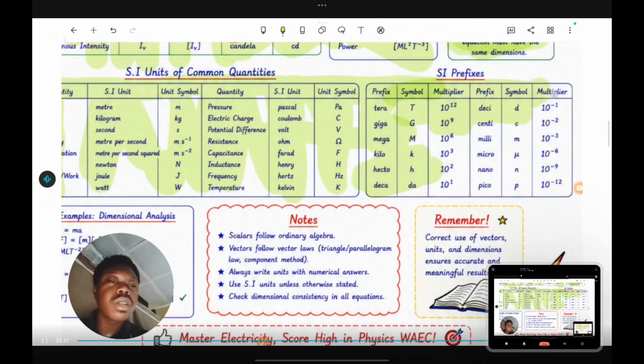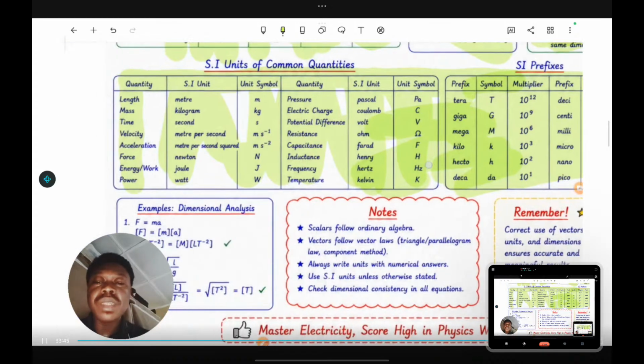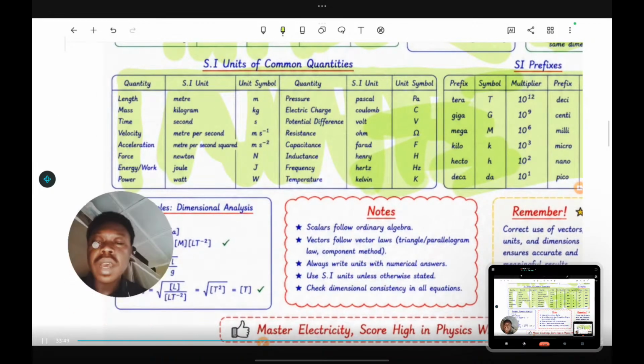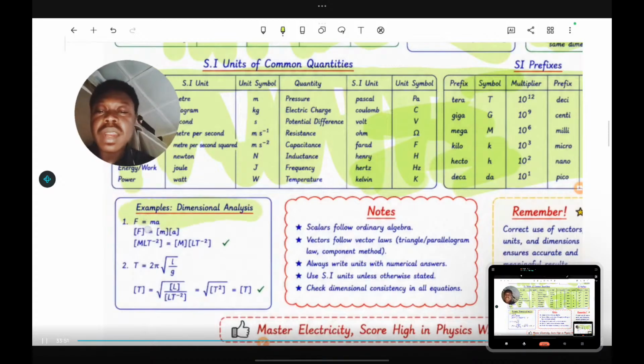So you can screenshot this particular table for your exams. These are basic quantities you are meant to know. Then dimensional analysis for force and for the period of a pendulum. These are what you are having.